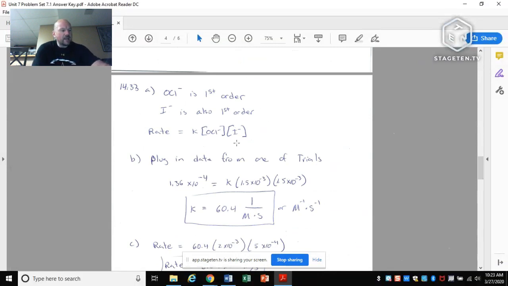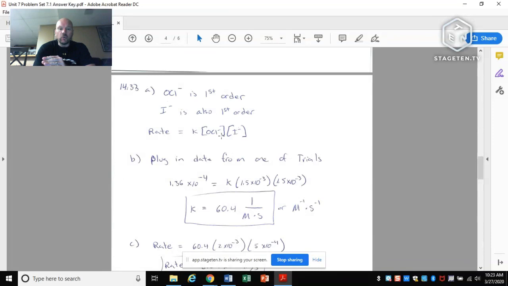So notice that in the chart, the initial rate given was always molarity per second. And I think it's molarity per second for all these charts in this section of the textbook. So our unit of time is going to be seconds. All right. And we figured out that both reactants were first order based on the data.